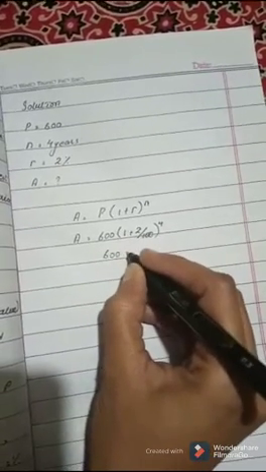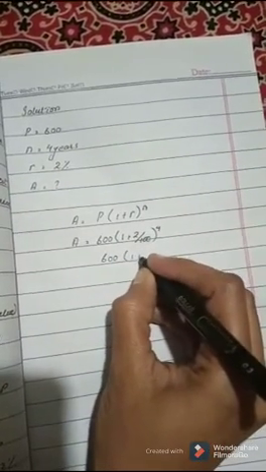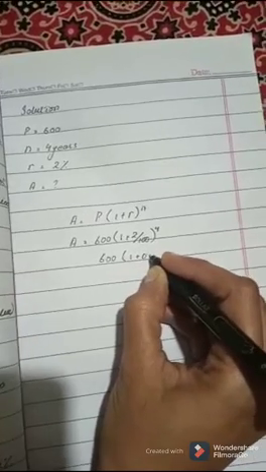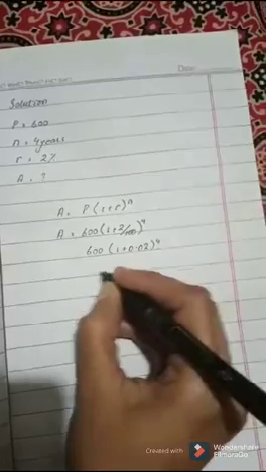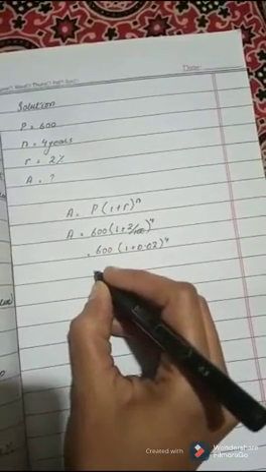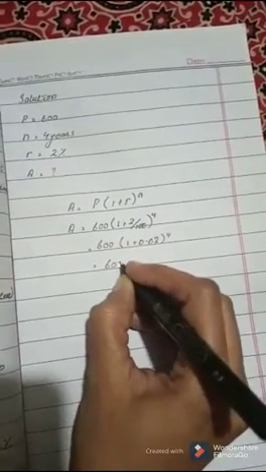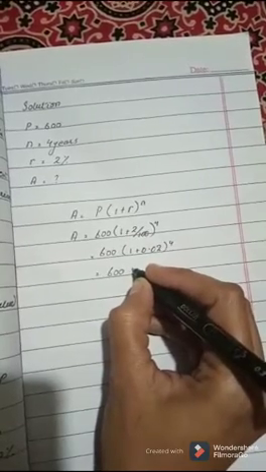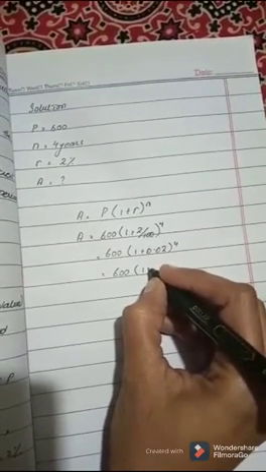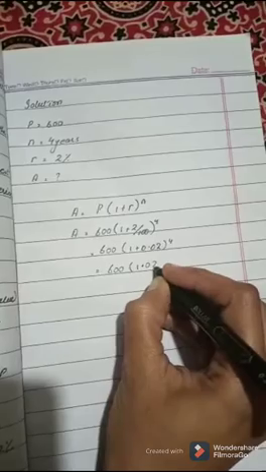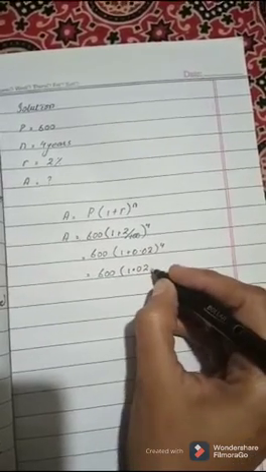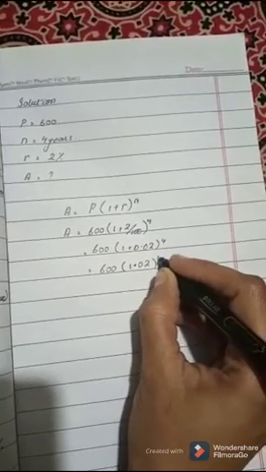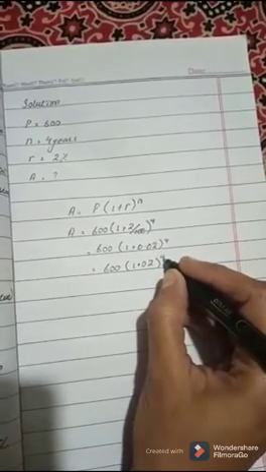So 600 times (1 plus 0.02) raised to the power 4. We add 1 plus 0.02, which is 1.02, raised to the power 4.